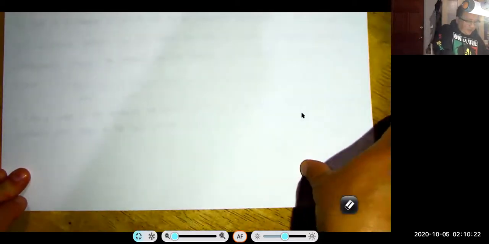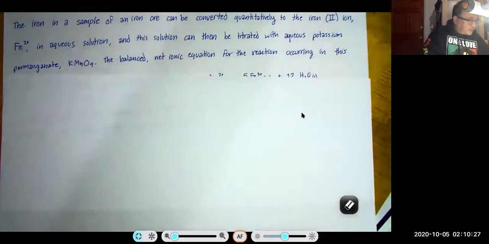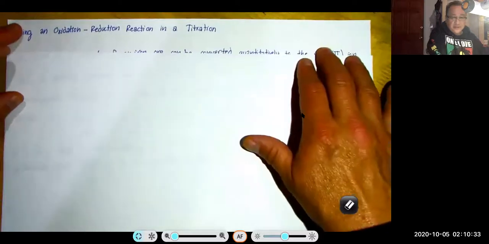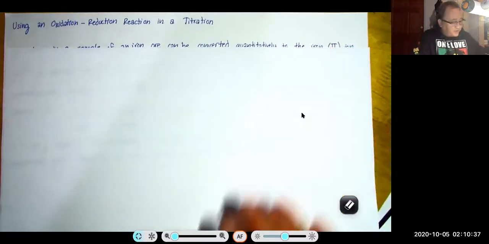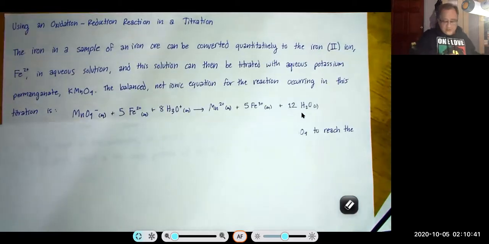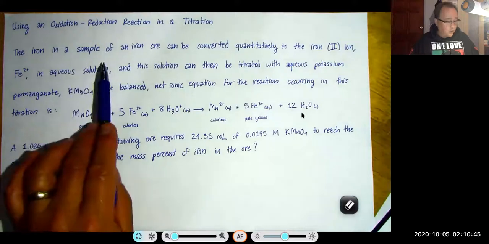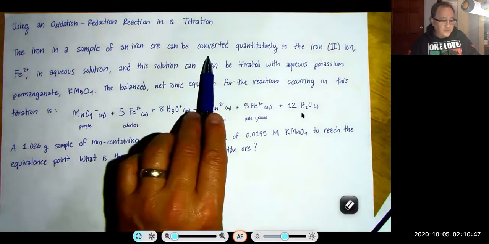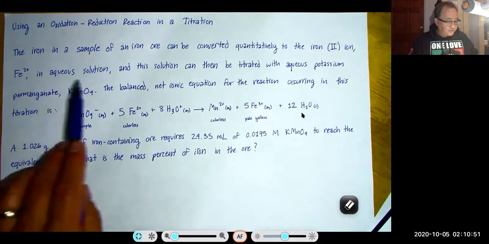And I believe we have one more problem to look at. We're going to use an oxidation reduction reaction in a titration. Let's see if we can see that title. So again, titrations don't always have to be about acids and bases. So let's read through this. The iron in a sample of iron ore can be converted quantitatively to iron 2 ion in aqueous solution.